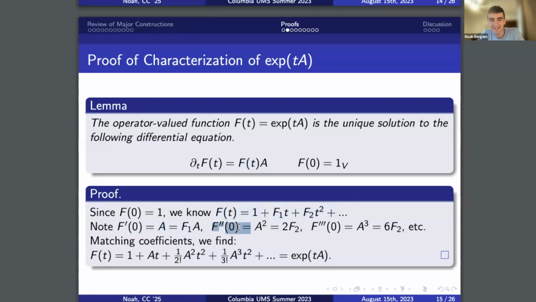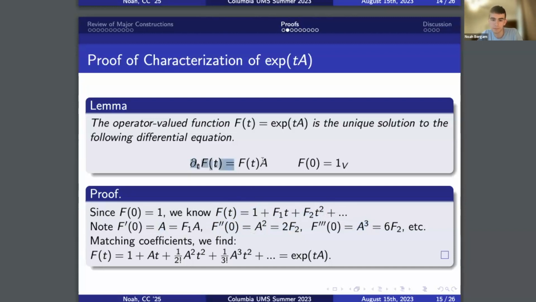If I take the second derivative, then a squared pops out, and this is equal to 2 f of 2 because of the 2 that comes out here. Similar things happen with a cubed, so the a's just keep stacking on each other as I take derivatives and evaluate at 0.